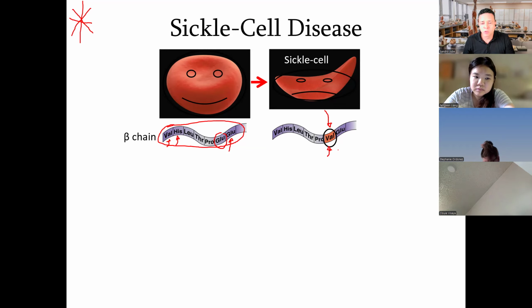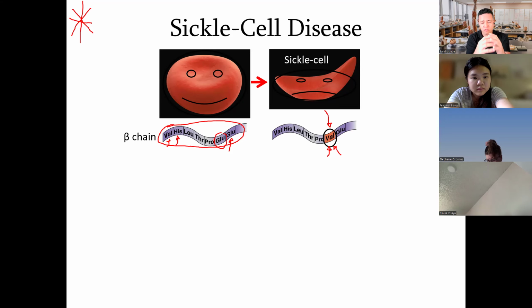And because of this wrong amino acid right there, the entire hemoglobin will collapse. The hemoglobin cannot maintain its shape. Because remember, the shape of a protein is very important for its function.